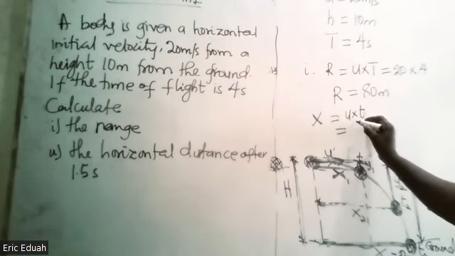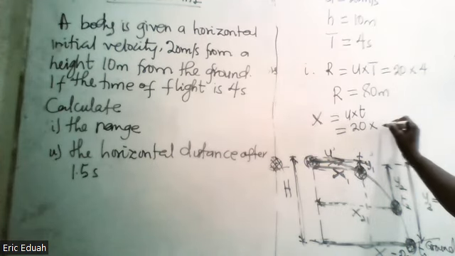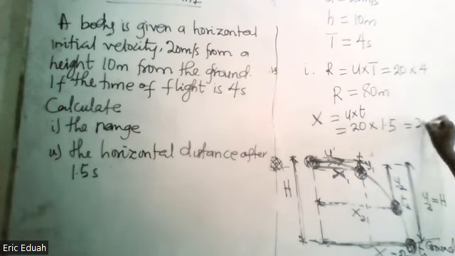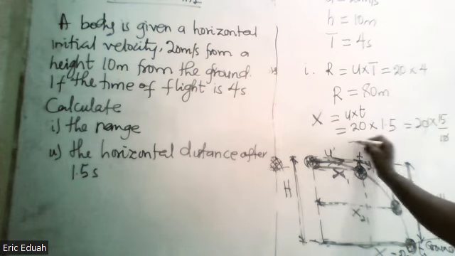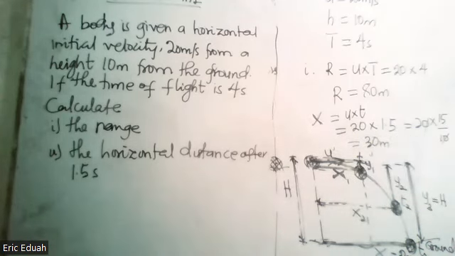So 20 meters per second times a time of 1.5. This is 20 by 15 on 10, and this will give us 30 meters. So it means after 1.5 seconds, the body will travel as much as 30 meters horizontally. Please, are we okay?